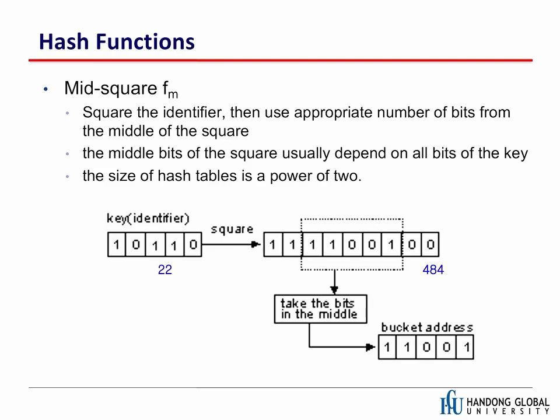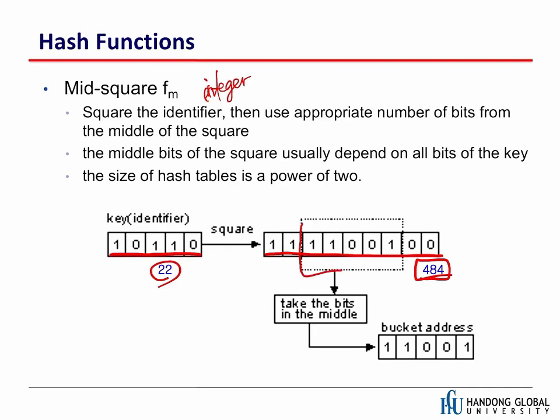The next one is mid-square. We square the identifier integer. We already have an integer for the identifier, then square it, and use an appropriate number of bits from the middle of the square. So if our key is 22, we square it and get 484. In binary, 22 is represented in this way and 484 in this way.